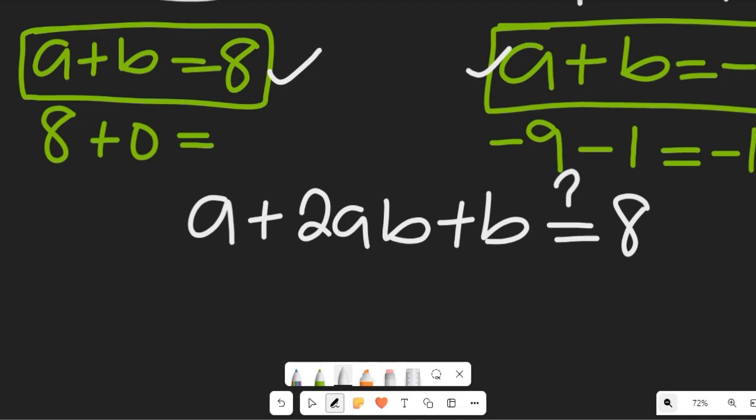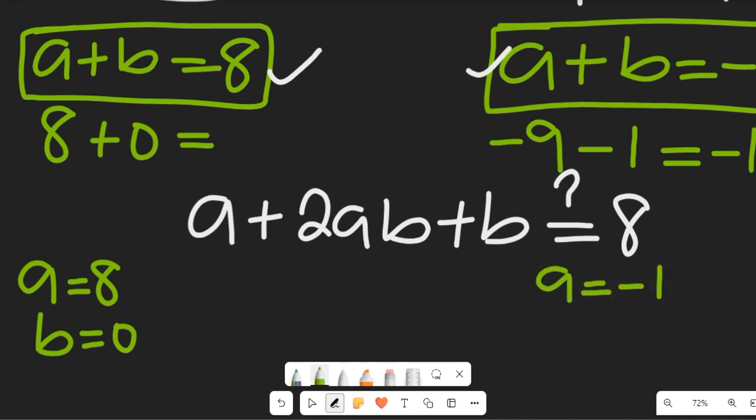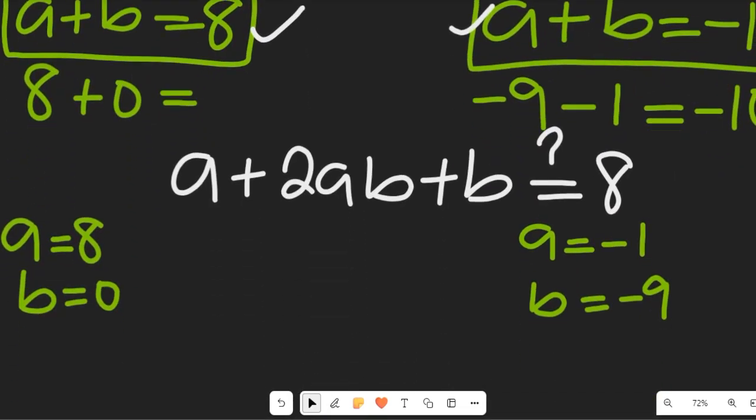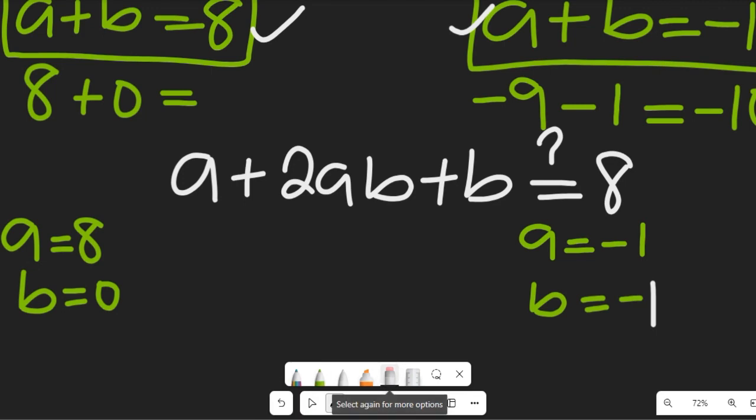Now, remember our a is equal to 8 and our b is equal to 0. And over here, we'll have our a to be equal to negative 9 and our b to be equal to negative 1, right?